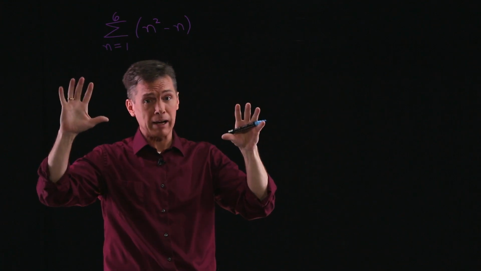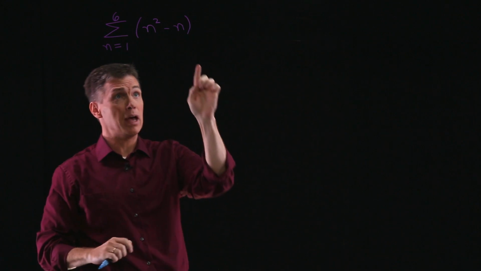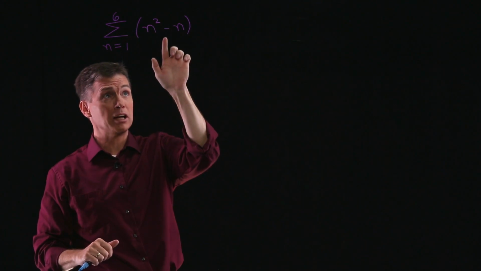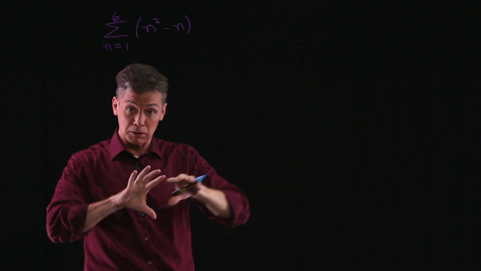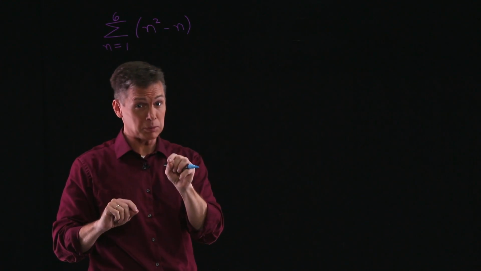To begin a problem like this, what you want to do is take your sigma notation expression and try to break it down. Try to spread it out if you can. The way that I do that is any kind of addition or subtraction on the inside, you can separate and then give each term its own sigma sign.